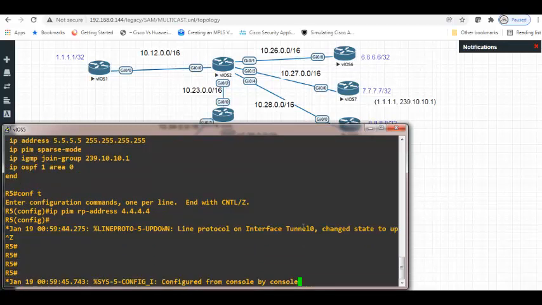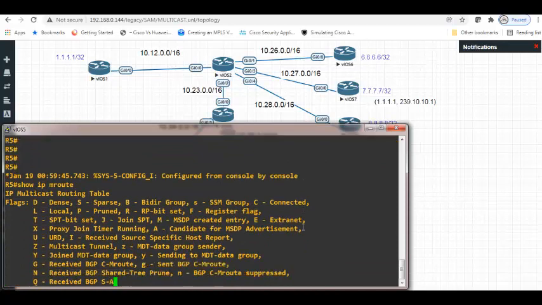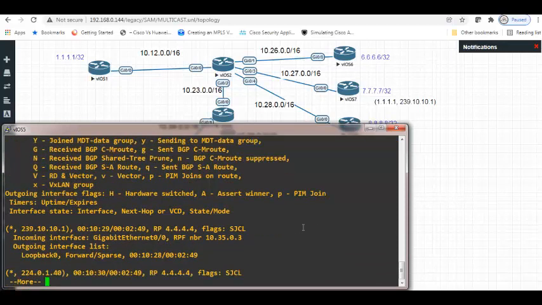Now the game starts. Look at this. Show ip mroute. Now this guy already has this group membership using IGMP we did, and the outgoing interface is, listen, very important, loopback 0, sparse mode.